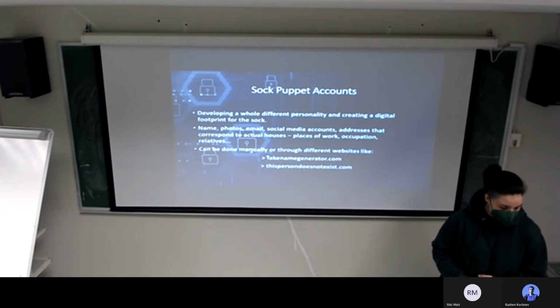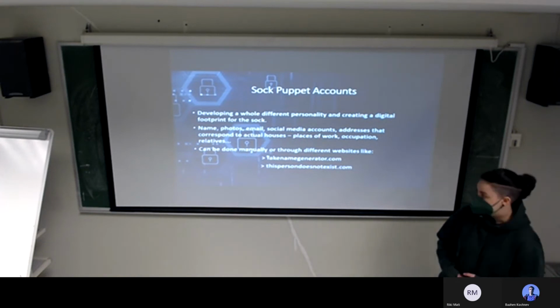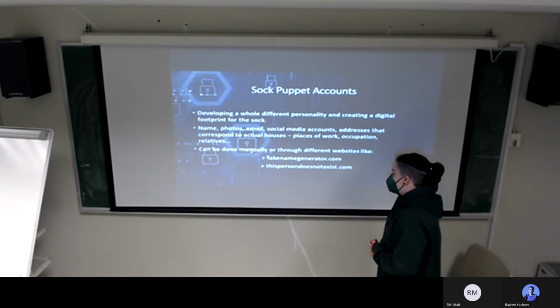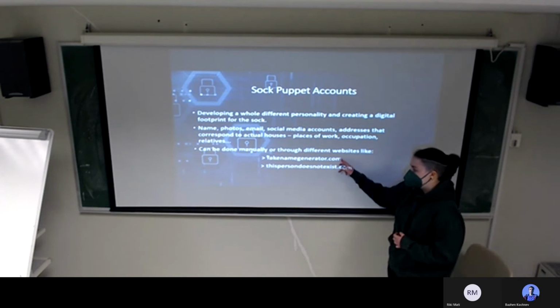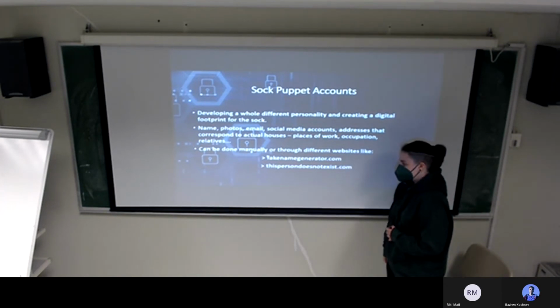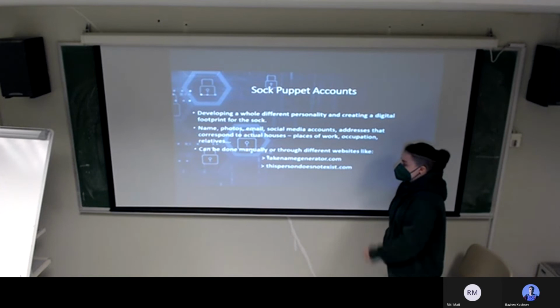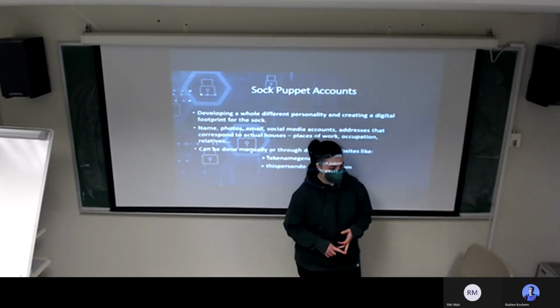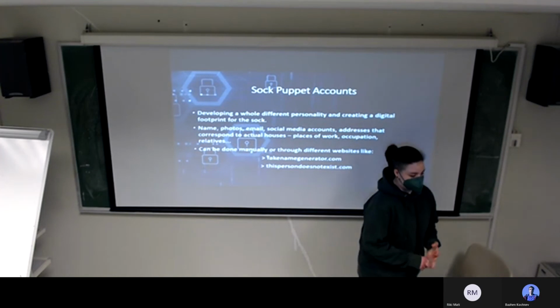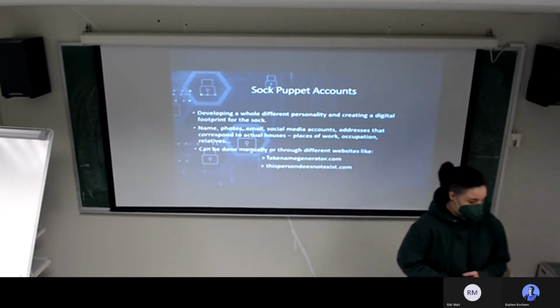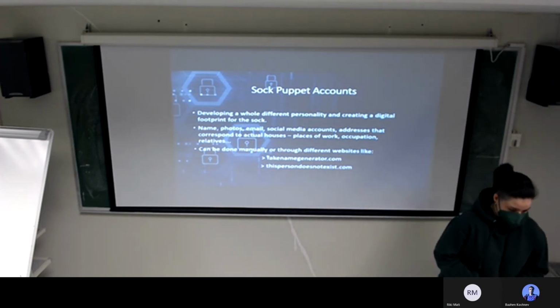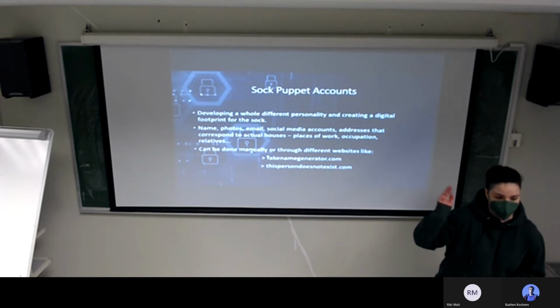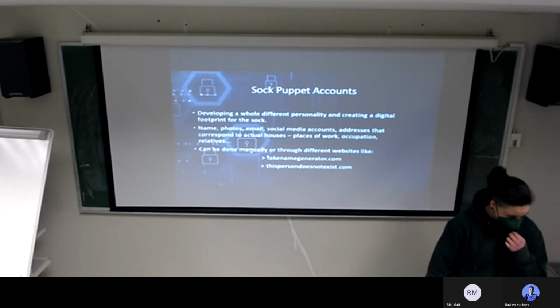Relatives and so on. This can be done through different websites, or you can do it manually, but this is a great website for creating a sock puppet account. They give you a name, an email address, different passwords, dates of birth, and they just generate a whole different personality.